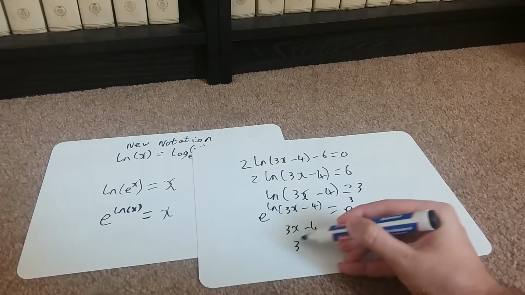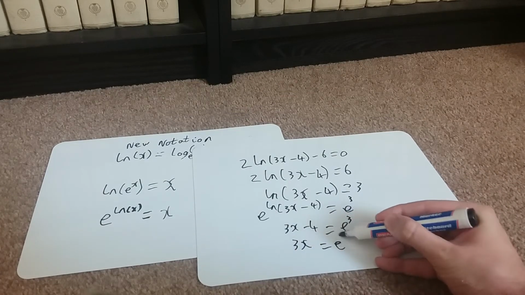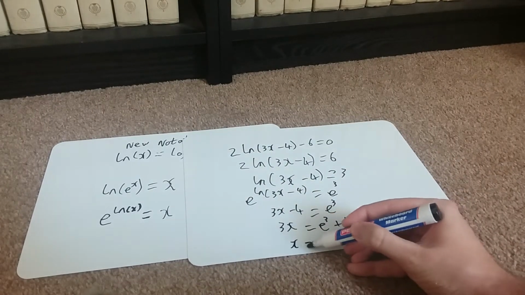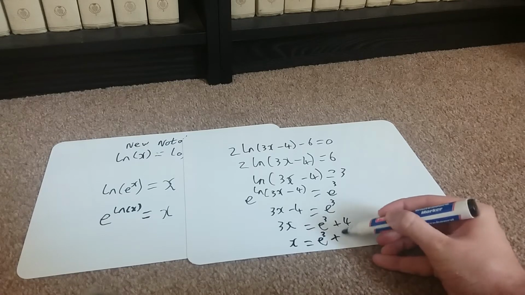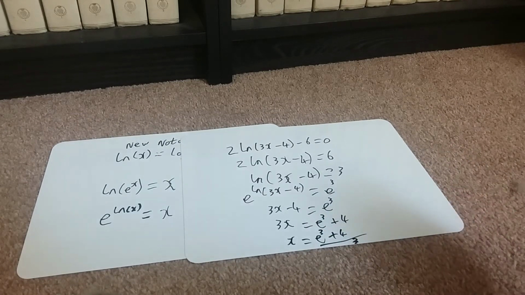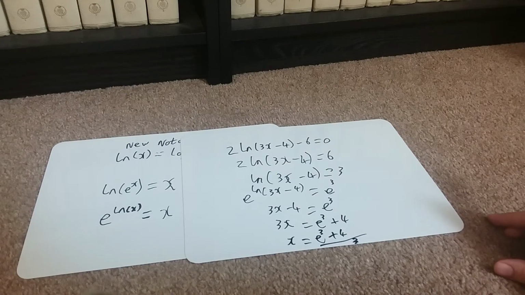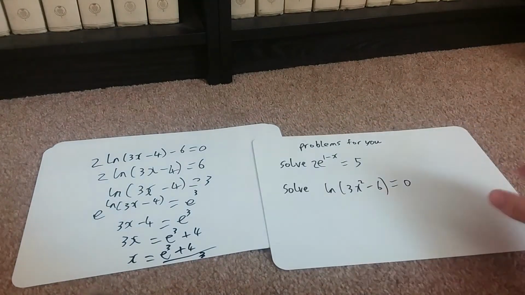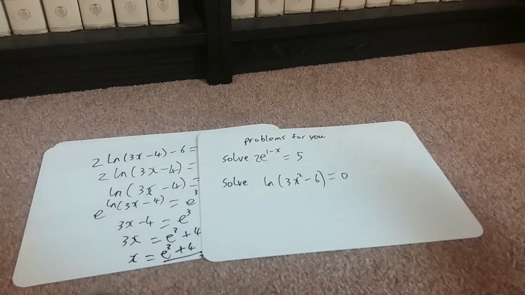Unwrapping, we can add 4, so e to the 3 plus 4, and then last step, let's divide by 3. e to the 3 plus 4, all divided by 3. This is exact form. Again, if we wanted to, we could type it into the calculator and work it out to some decimal places. What I'd like you to have a go at are 2 examples. Here you go. 2 problems for you. Pause the video, have a go, and then go through the answers.